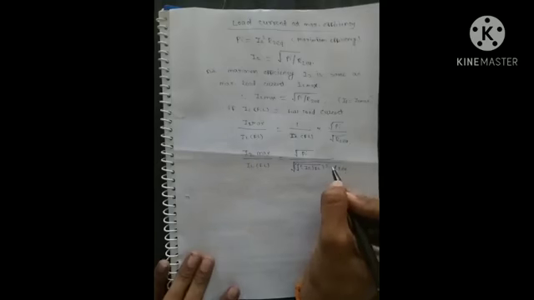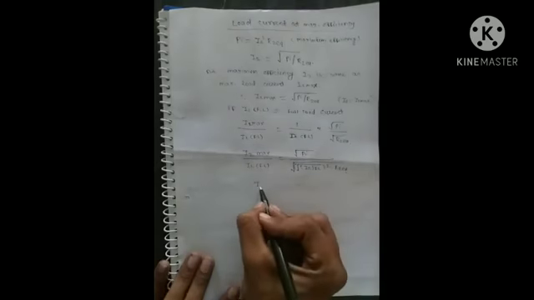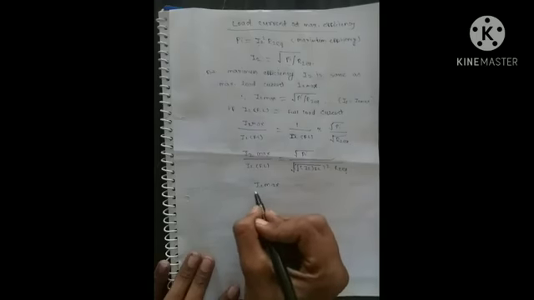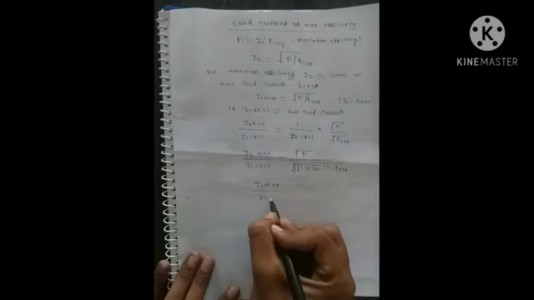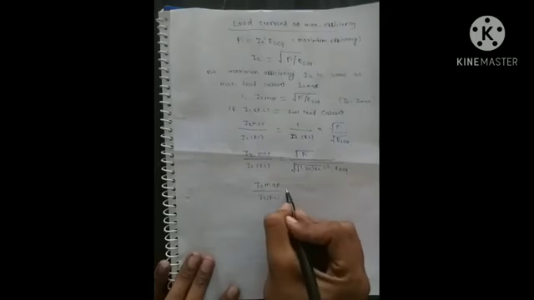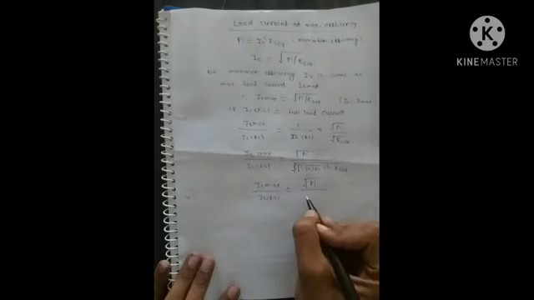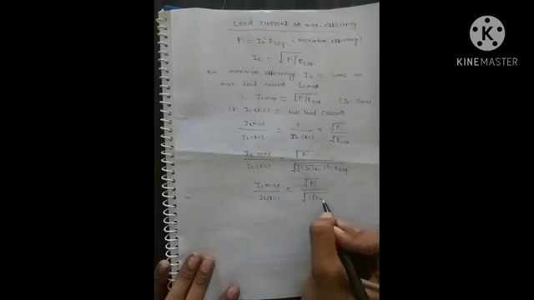Again, we will simplify this and we get I2 max upon I2 FL equals the square root of Pi upon the square root of PCU full load.